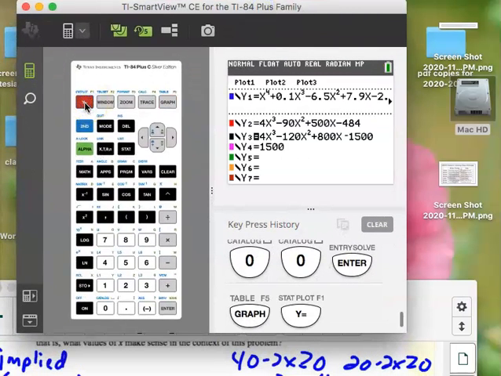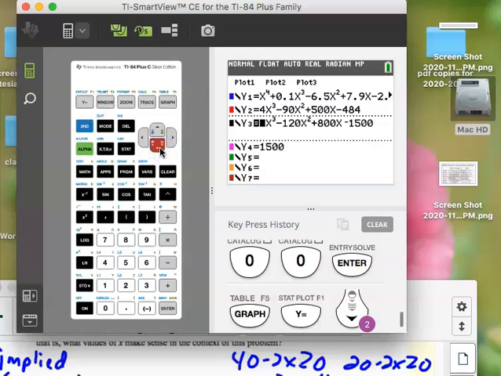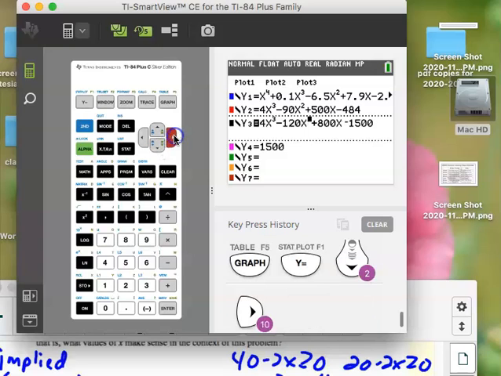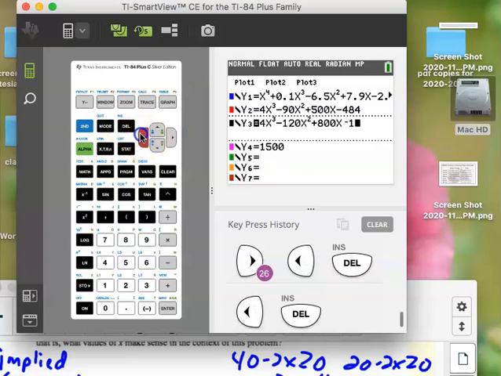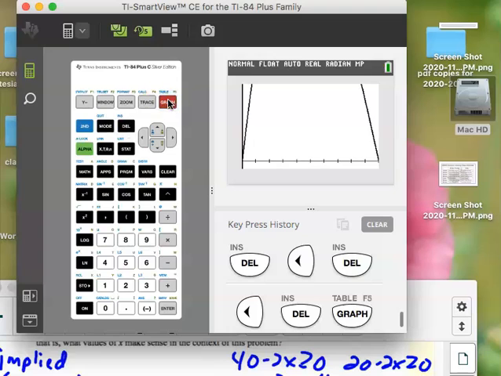So the y equals, and here is the 4x cubed minus 120x squared plus 800x. And then, oh, I have to take that 1500 off. We're going to maximize this, so we don't want to know about that 1500. There we go. And let's try graph.